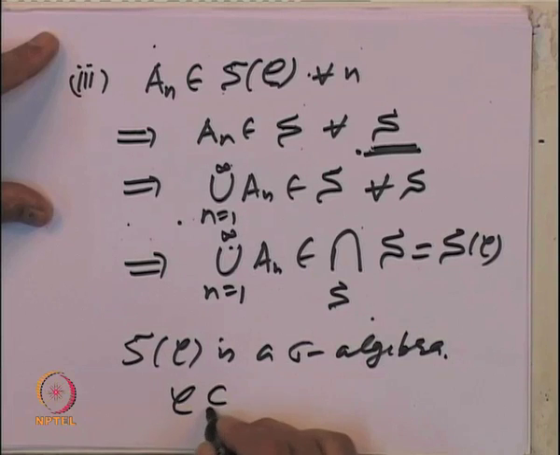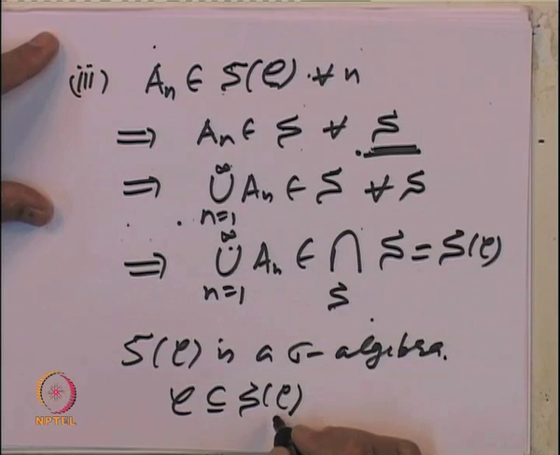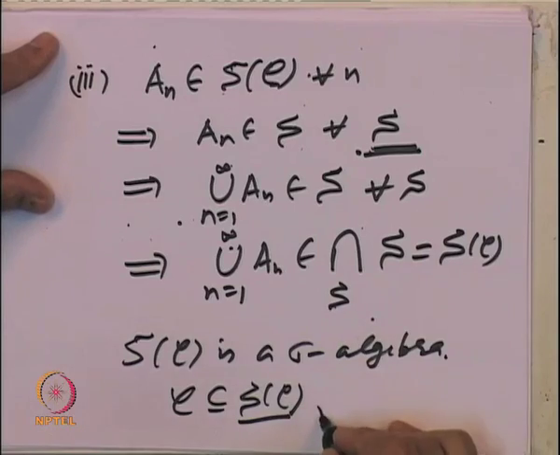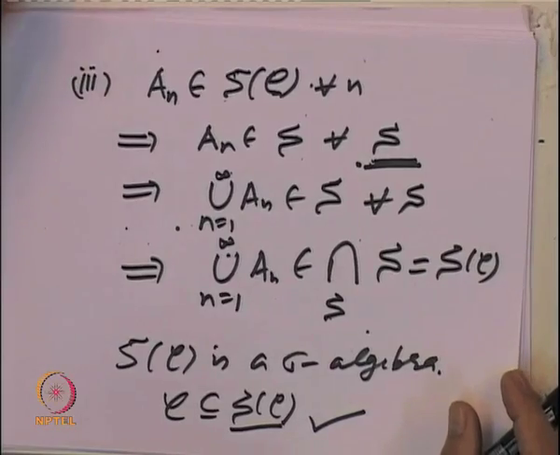That C is contained in S of C is once again obvious, because S of C is the intersection of all sigma algebras which include C, so the intersection also will include C. And why is it the smallest?